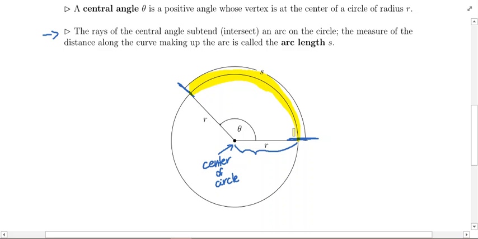If you take this yellow piece that I've highlighted, imagine that the circle was made out of a piece of string. If you were to take a pair of scissors and snip the circle at those two intersection points, right here and right here, and then you took the yellow part of the string that was left, stretched it out along a ruler, and measured how long that piece was, that's the length of the arc.